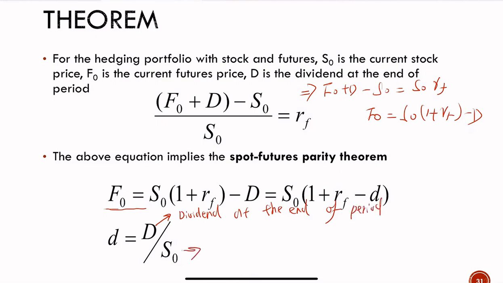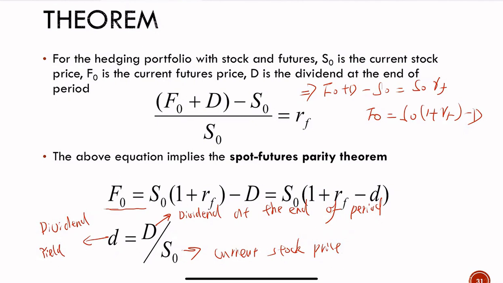S0 is today. Okay, let's not use today. Let me use current. The current stock price. Right. So you can see that d is actually the dividend yield. Remember that the definition of dividend yield is dividend divided by stock price.